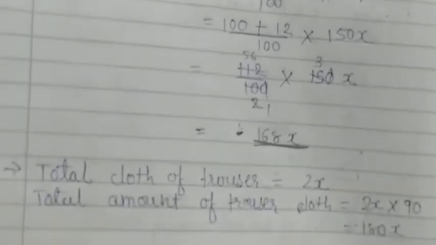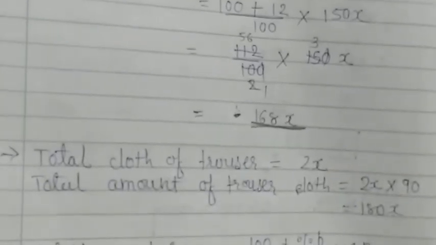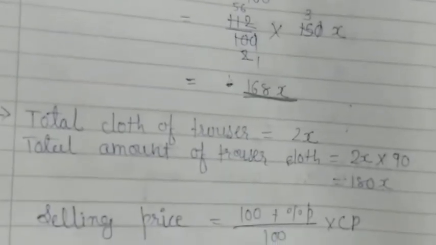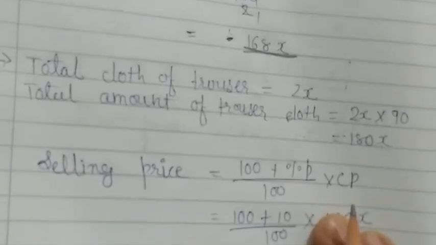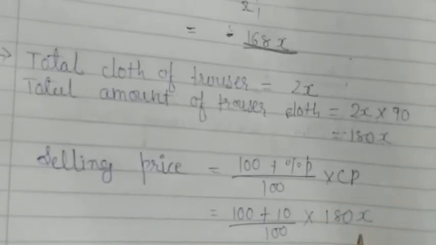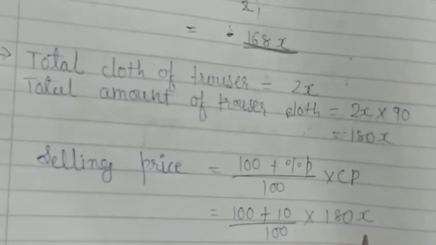Now the same thing we have to do for trouser. First of all, total cloth of trouser is 2x. For one trouser 2 meters of cloth is required, so total cloth is 2x. Total amount of trouser: for 1 meter 90 rupees, for 2x meters it is 2x multiplied by 90. So 180x. Now the same equation of selling price: 100 plus percentage profit in this trouser.